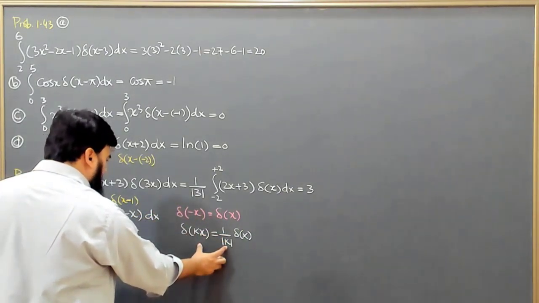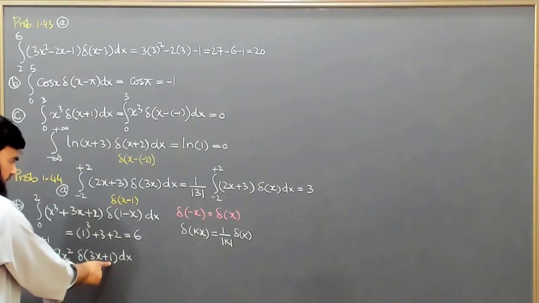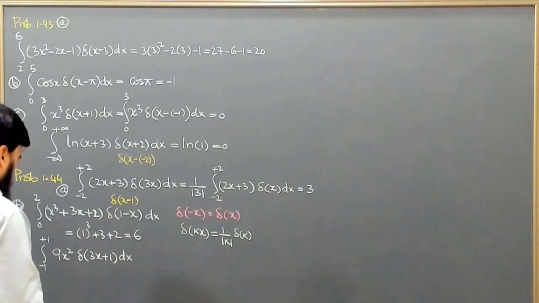It will become 1 over 3. Then I will have this range as well, so it will also be converted. So it is better to have 3x plus 1 equal to something.